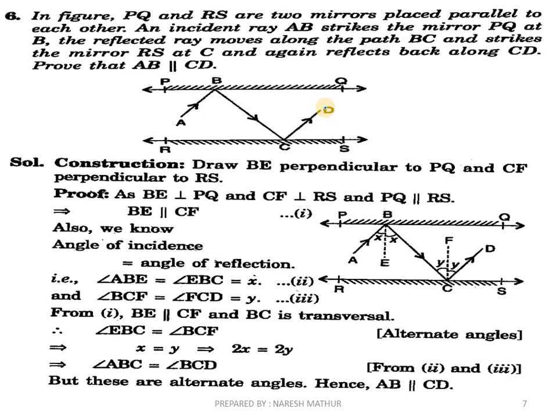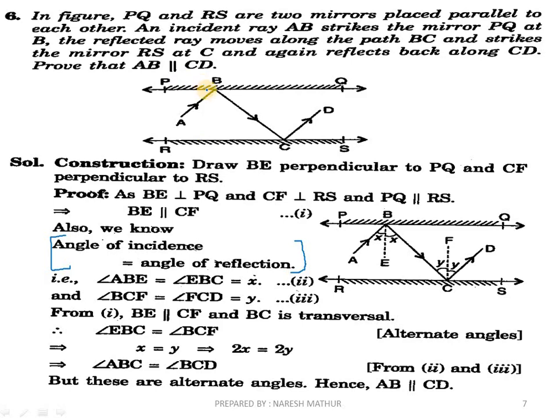Then we need to prove that AB is parallel to CD. Here we need to take one consideration: the angle of incidence equals the angle of reflection. That is the concept of physics. The angle of incidence is always equal to the angle of reflection.